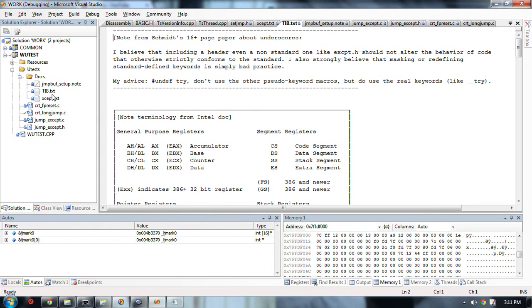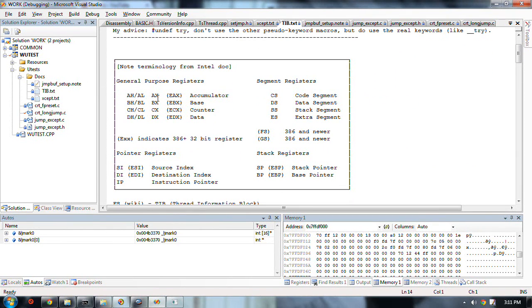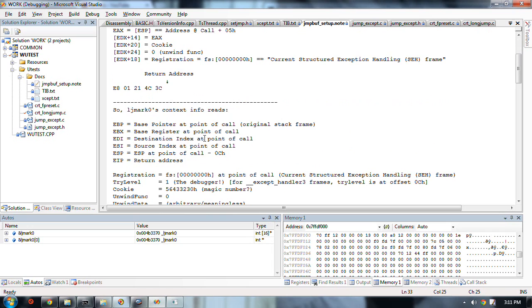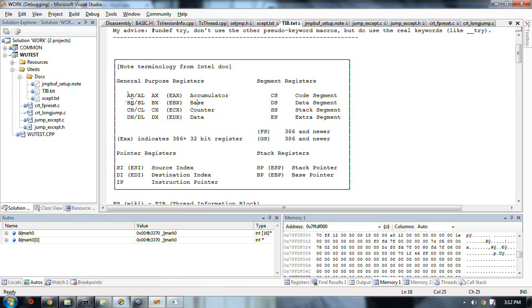Even these registers have names, believe it or not. The B here in EBX stands for base, and this is called the base register. So there's base pointer and base register. So I got these names out of there.